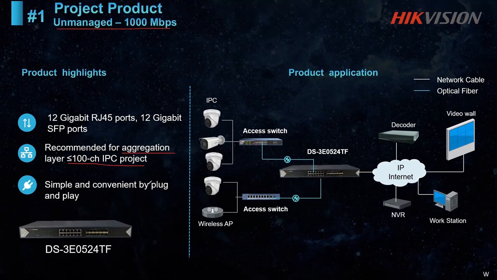It also supports 12 gigabit RJ45 ports and 12 gigabit SFP ports. I think Varun, in this aggregation layer, definitely there's a lot of bandwidth, especially coming from the access switches, right? Multiple access switches are directly connected to this aggregation layer. So this switch has a higher capability compared to these access switches, as you can see also in the product highlights that we have mentioned.